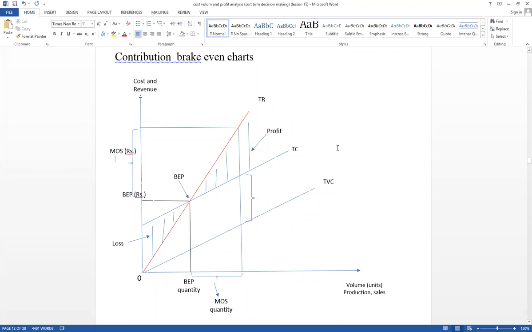Therefore this one is total fixed cost. They ask this in the MCQ paper. Difference between total cost and total variable cost.